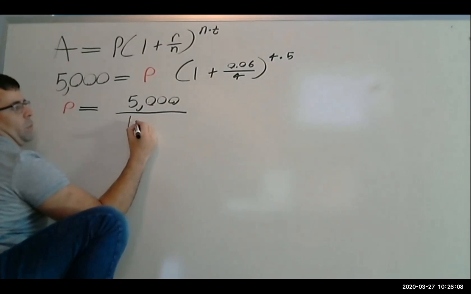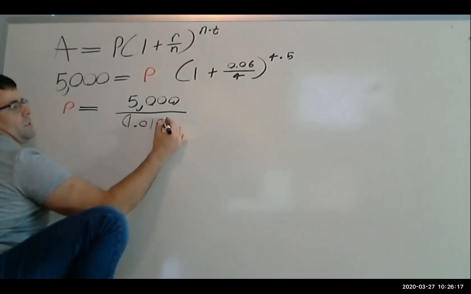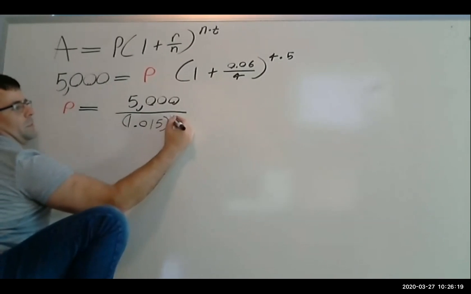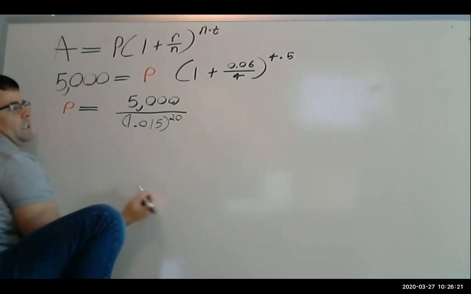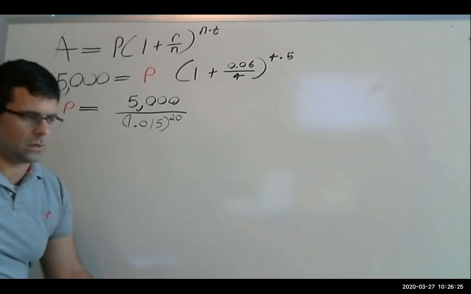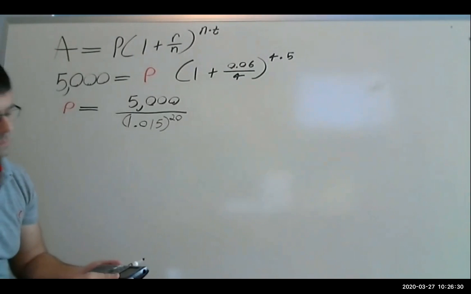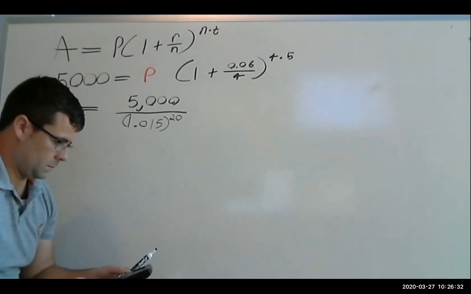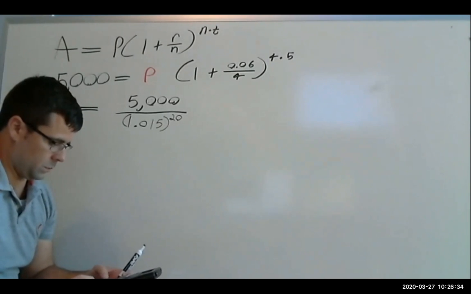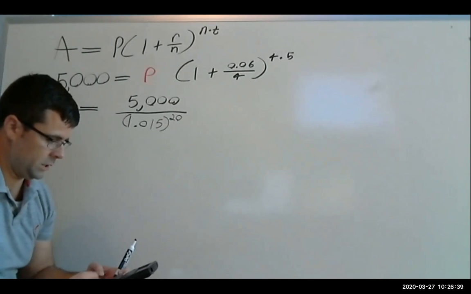So that means this is 1.015 to the 4 times 5, which is 1.015 to the 20.